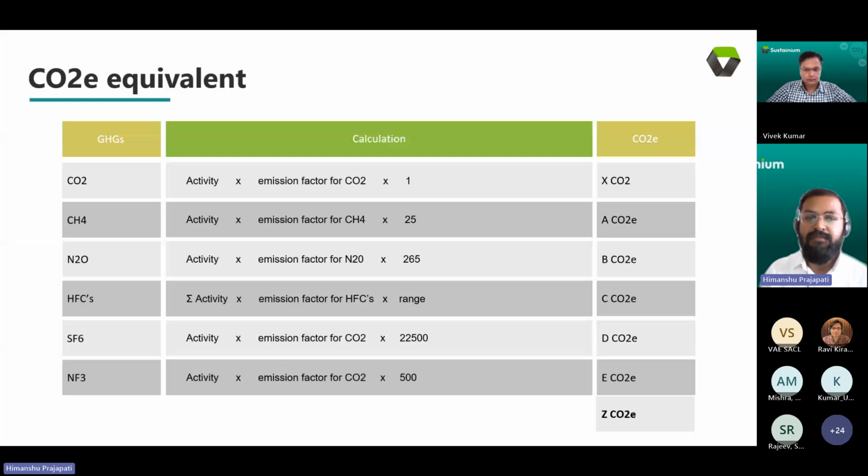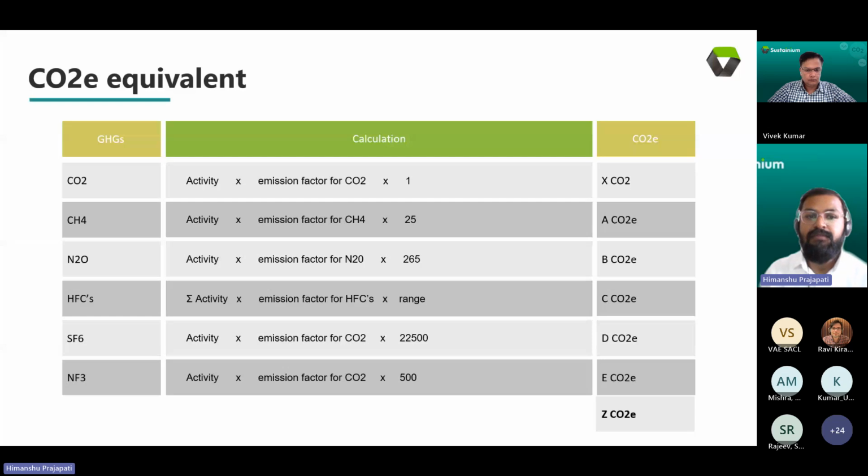For an activity, you would want to understand what that activity is. For example, in case of electricity generation through a diesel generator, you will have the gallons or liters of diesel being used, that you multiply with the respective emission factors. In this particular case, it will be CO2, CH4, and N2O.